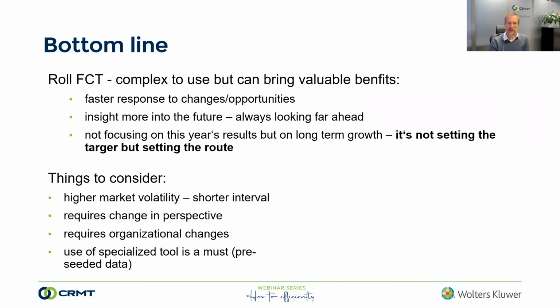If the budgeting exercise takes place once a year, the rolling forecast is an exercise you need to do each month. So that means it has to be really short and really efficient. And of course, a specialized tool here is a must. Why? Because of the preceded data. This is something that the system calculates based on your historical data and prepares in advance for you. So you can just accept or you can make some changes, as Stefano showed us.